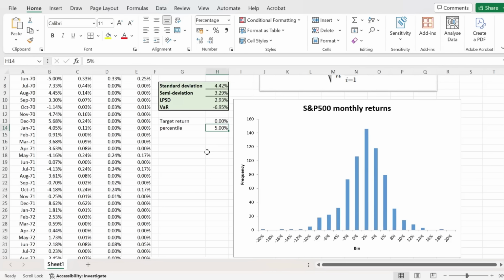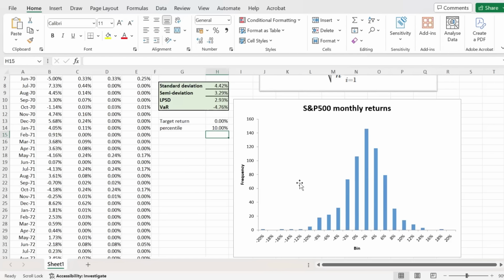And think intuitively whether this should be more negative or less negative if I make it 10%. If I'm making it 10%, essentially with probability 10%, I'll get the return figure, and it will be either that or worse. So intuitively, this should be a less negative figure because I'm going to move right in terms of the cutoff point, and that figure is going to be minus 4.76%.